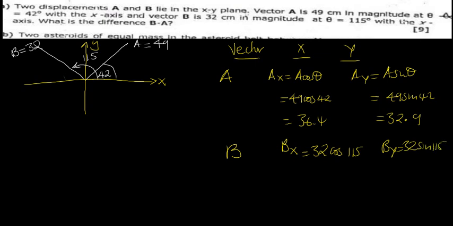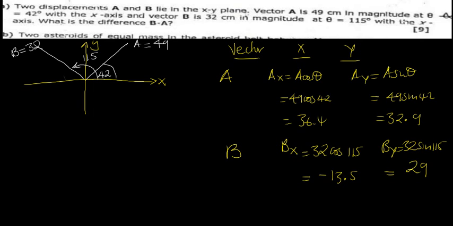Let's punch that. 32 cos 115 has given me negative 13.5, and 32 sin 115 has given me 29. So we can see that x is negative while y is positive, and this is true in this quadrant because x is negative, y is positive.